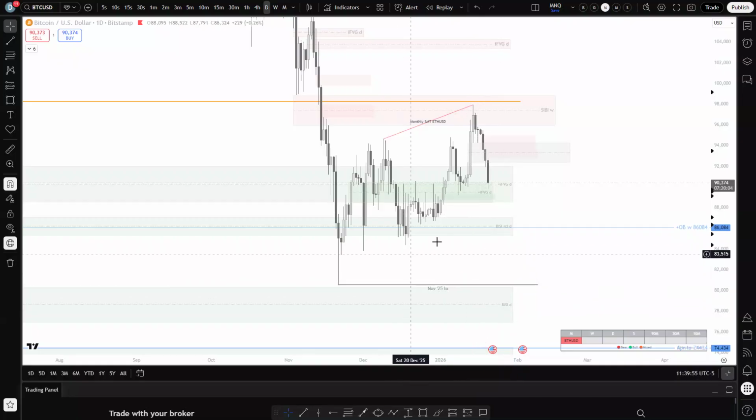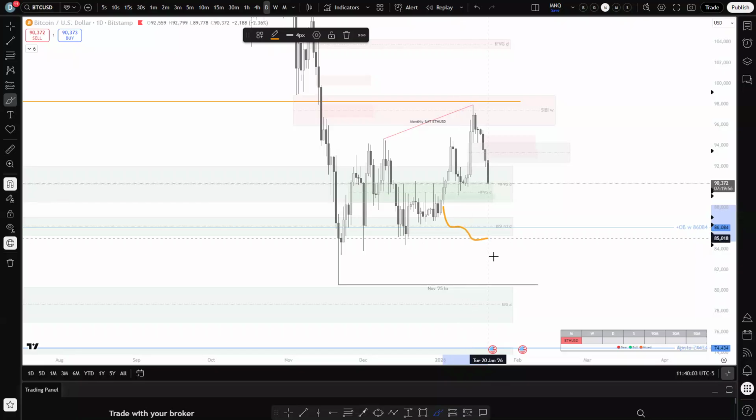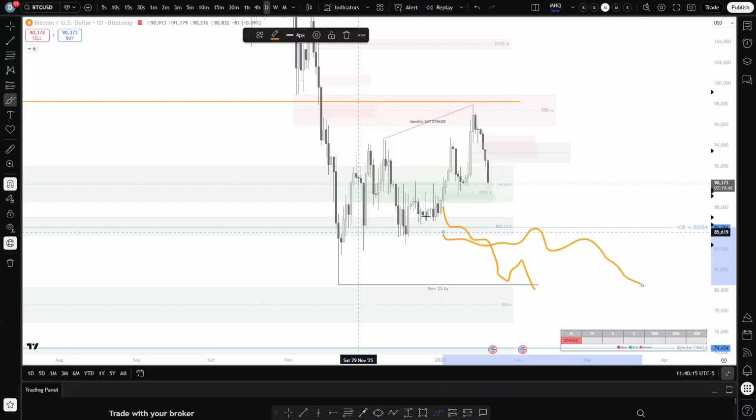It's probably more likely that we see an almost direct move lower, rather than a slow move lower. We didn't go straight lower. Instead, we went higher, and now we're coming lower.